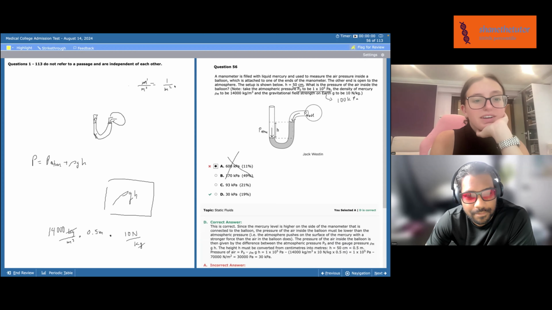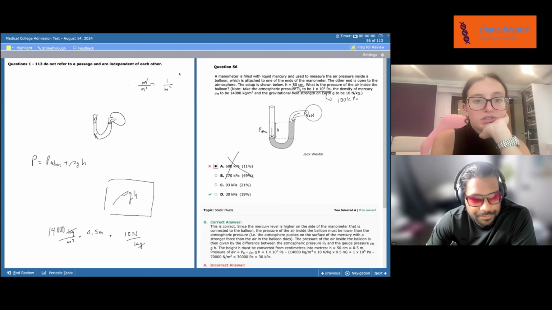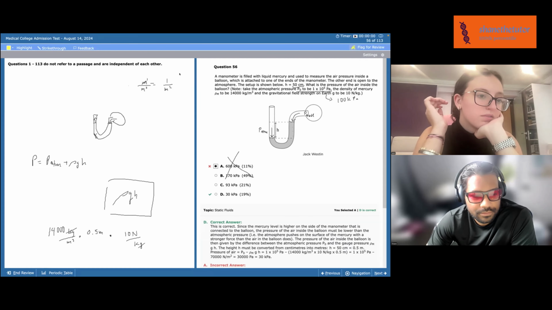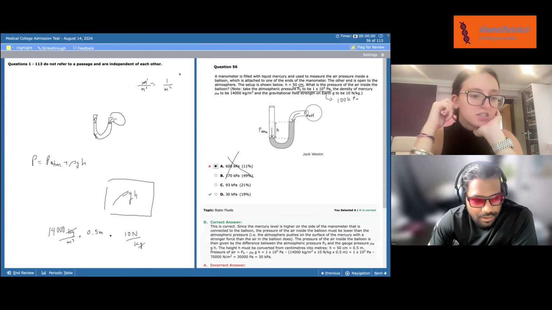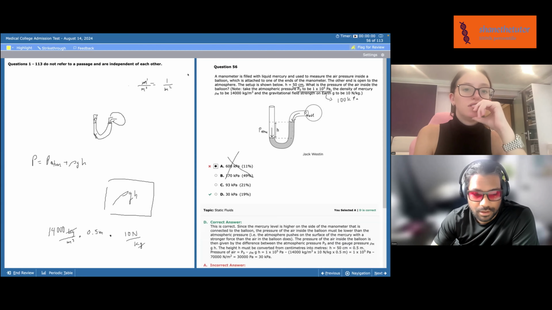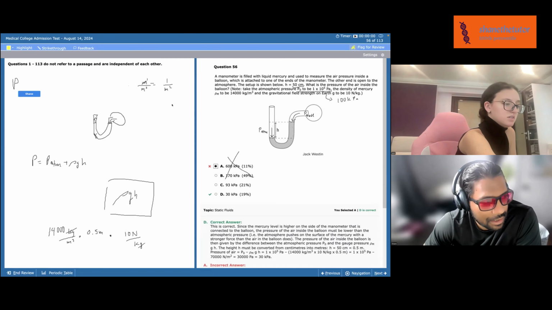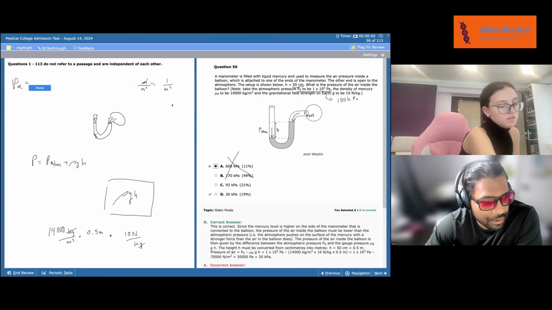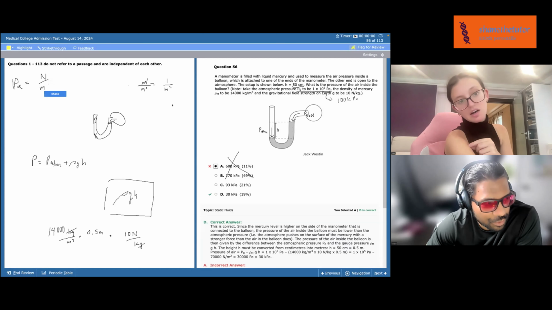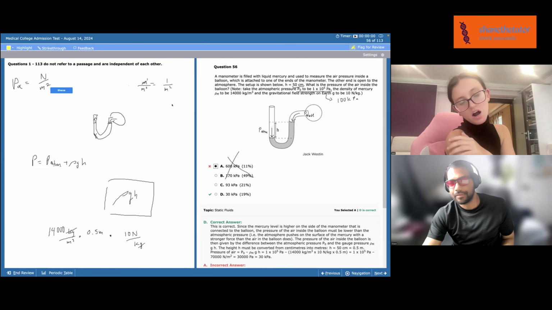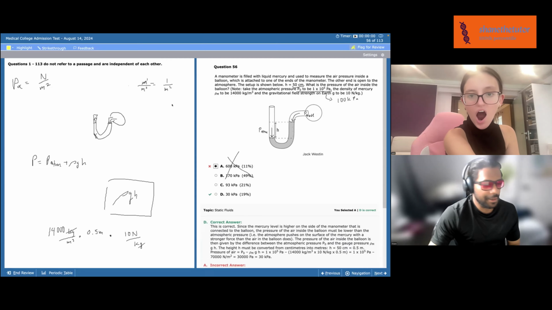1 over meter squared times 14,000 would be 14,000 per meters squared, right? Pascal is newtons per meter squared, force over area.